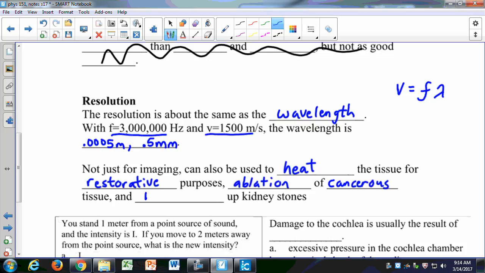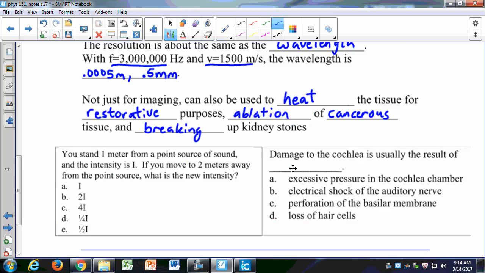And for breaking up kidney stones. So like the breaking up kidney stones, they send a very high frequency sound wave, and the energy from the sound wave will actually break up those kidney stones and allow them to pass through your system with less pain, at least, than if they were bigger.